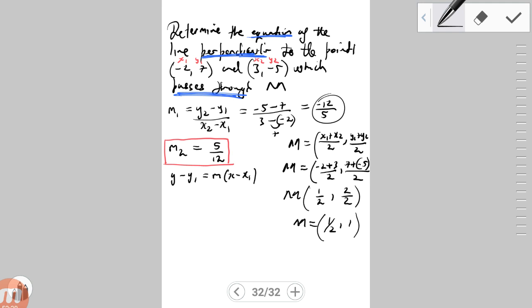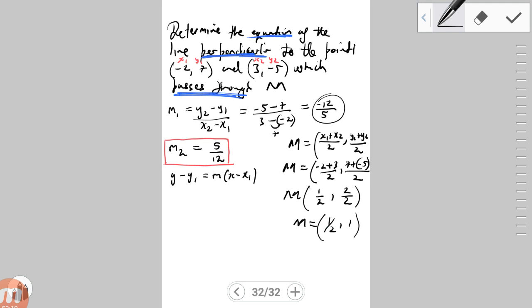I didn't actually have a question in this particular tutorial that uses the actual words perpendicular bisector, but in the event that you happen to see a question that relates to it, the perpendicular bisector is indicating to you that the line is passing through the midpoint. So just look out for that.